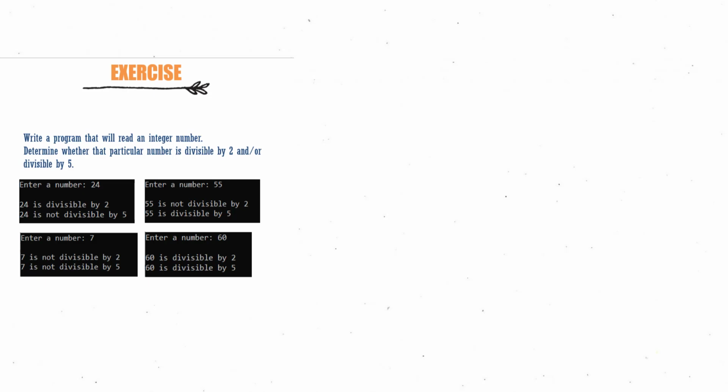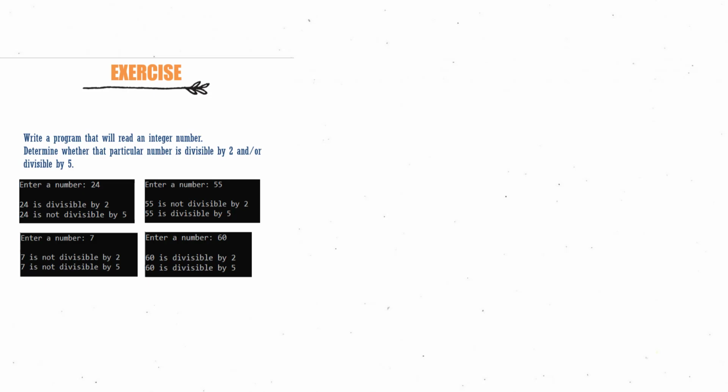If the user enters 55, we know that 55 is not divisible by 2, but it is divisible by 5. If the user enters 7, of course 7 is not divisible by 2 and it is not divisible by 5. If the user enters 60, 60 is both divisible by 2 and also 5.